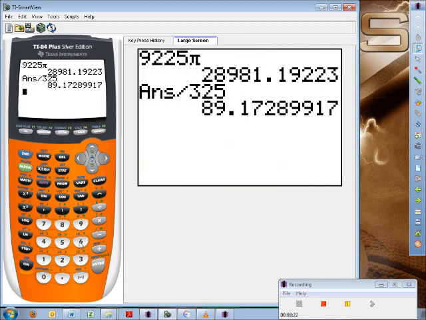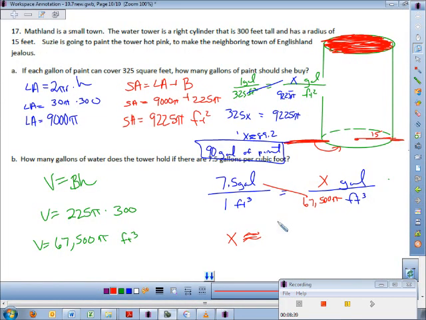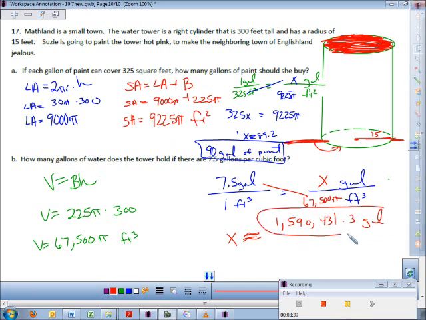On the calculator, 67,500 pi times 7.5. Holy macaroni. About 1,590,431.3 gallons of water. Now there is our answer. So that, my friends, was 10.7. Have a good one.